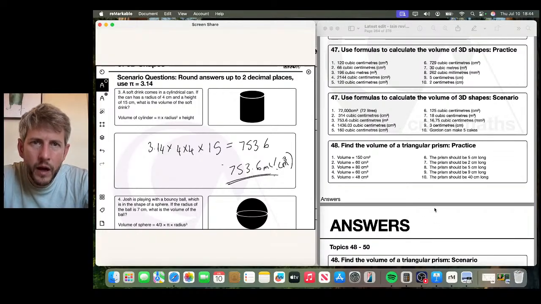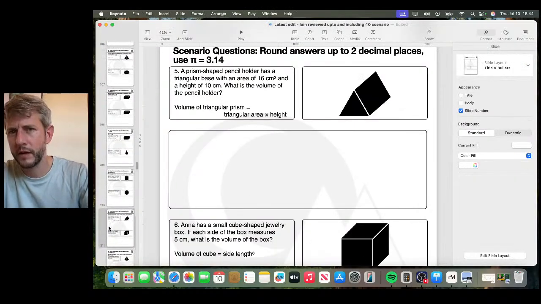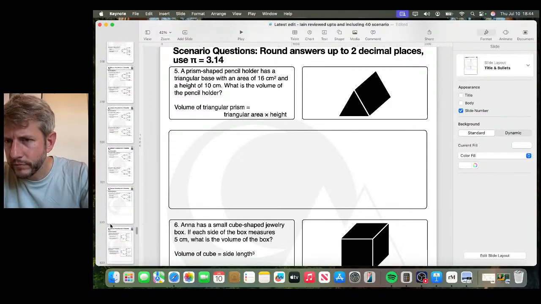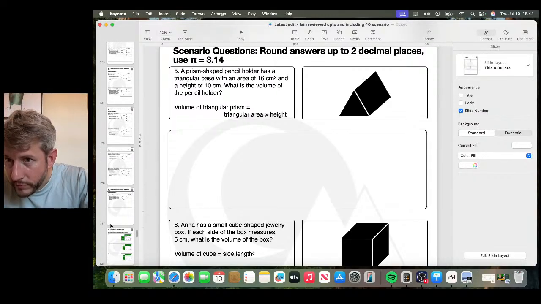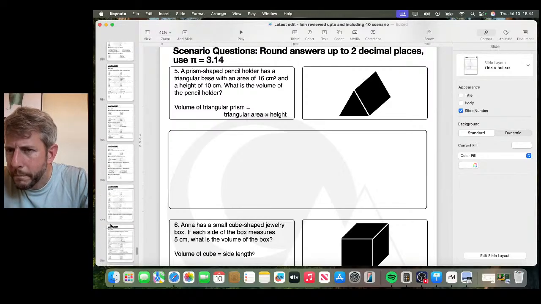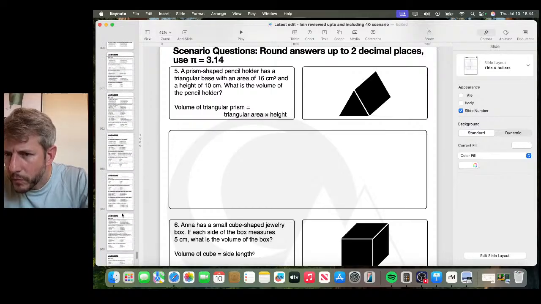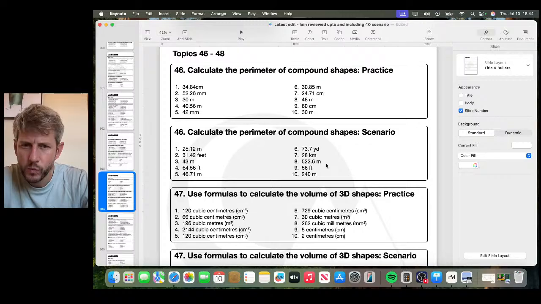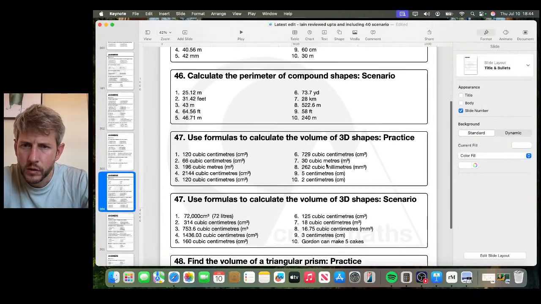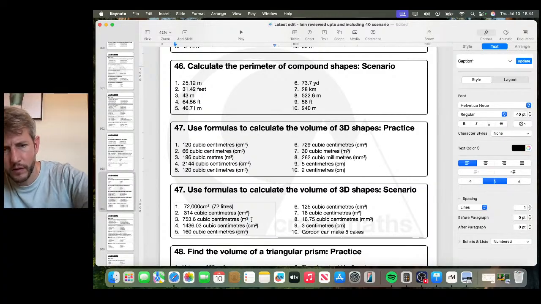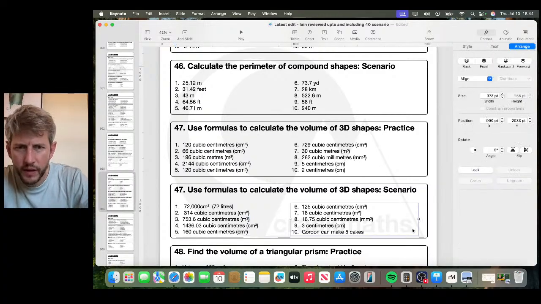So what page? That is slide 364. Okay, let's go all the way to 364. Put in that bracket there.